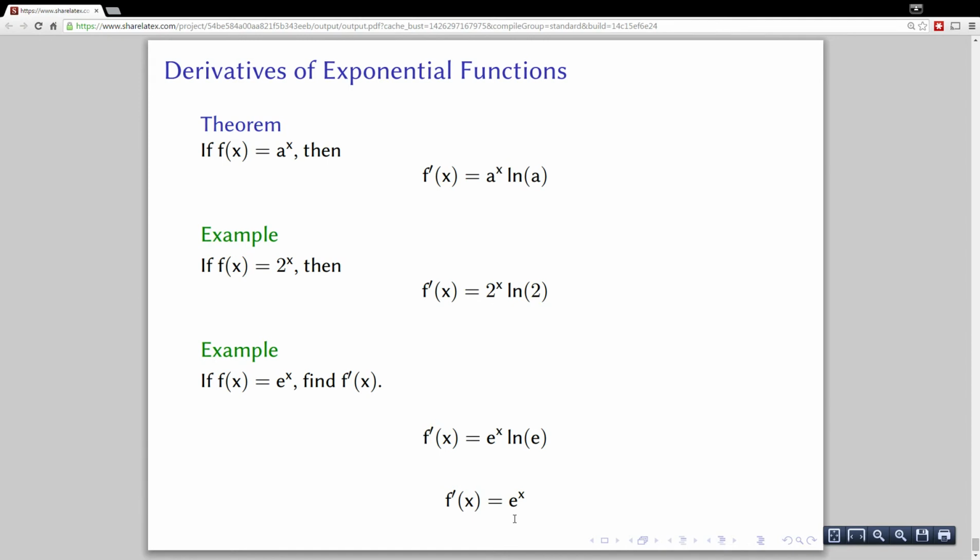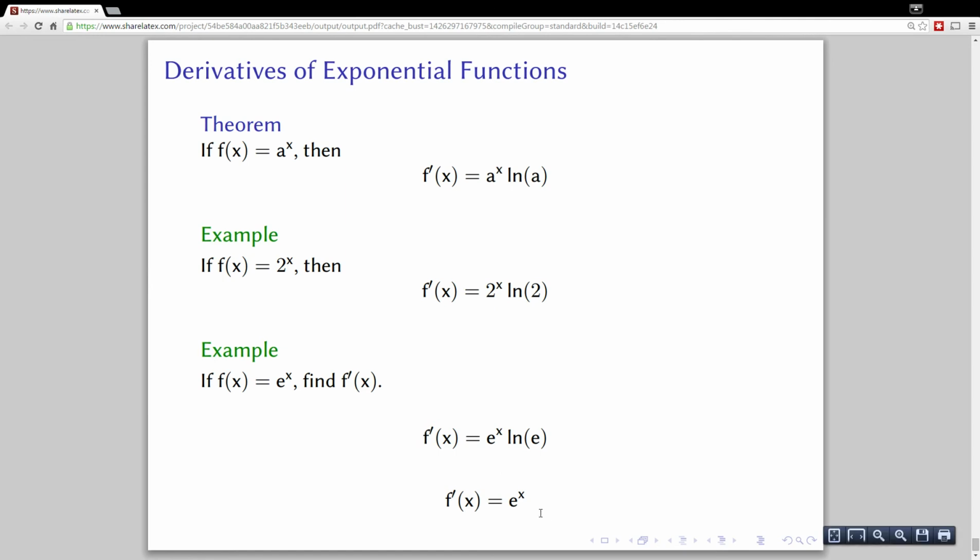So you may have wondered, in previous classes, why do we use ln and e as the bases of logarithmic and exponential functions as opposed to other nice numbers like 2 or 10? This is the reason why: of all the exponential functions, e to the x is the one that's easiest to take the derivative of.